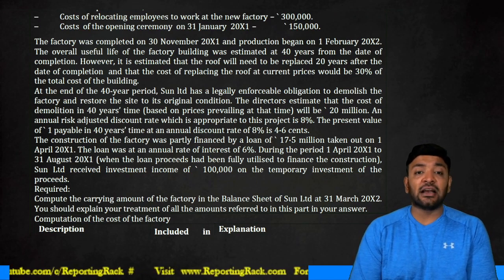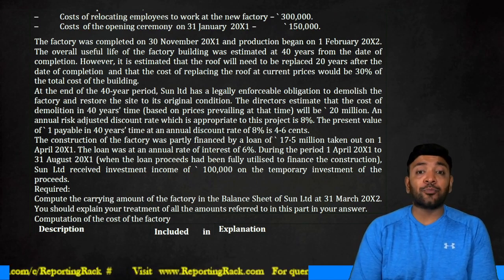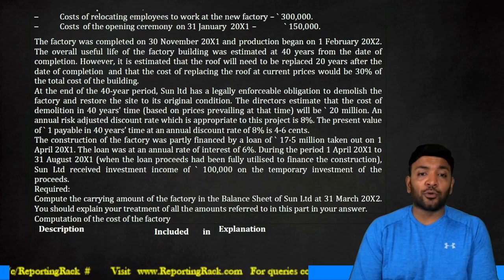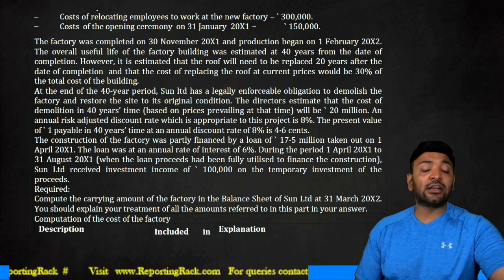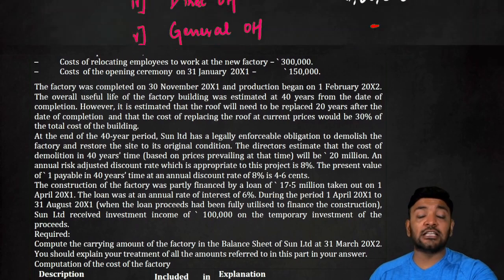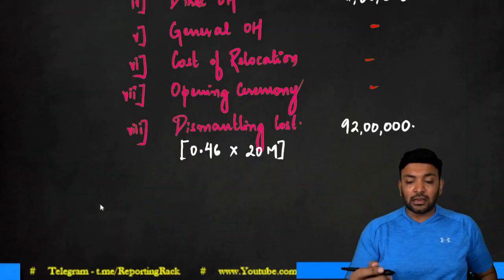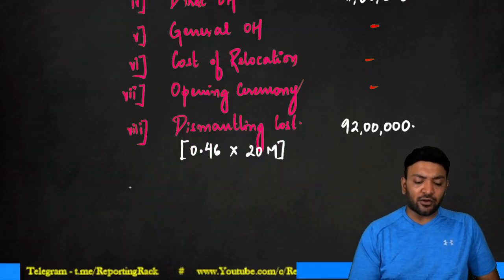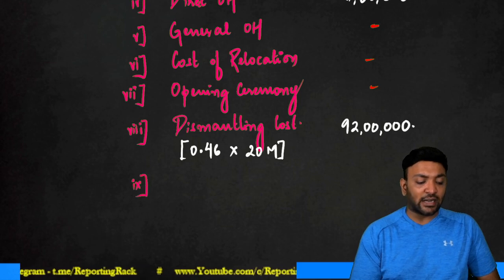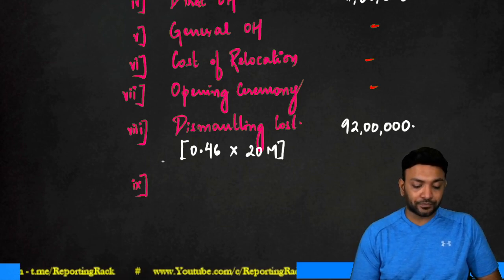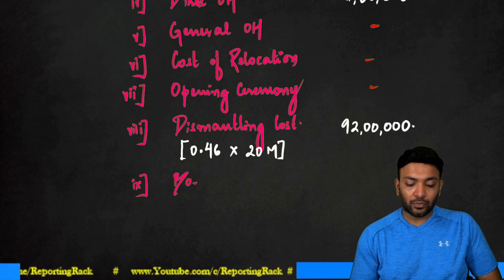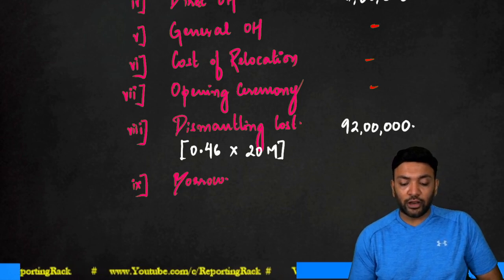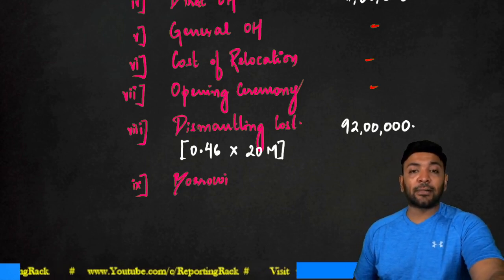Sun Limited, however, has received 1 lakh as temporary investment from loan proceeds. So basically, he is trying to talk to us about the borrowing cost eligible to be capitalized. Guys, you will have a better understanding of this concept after we complete IND AS 23.